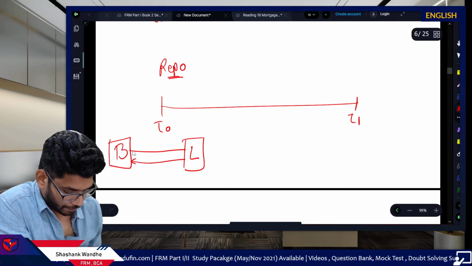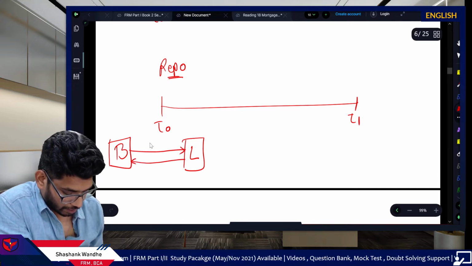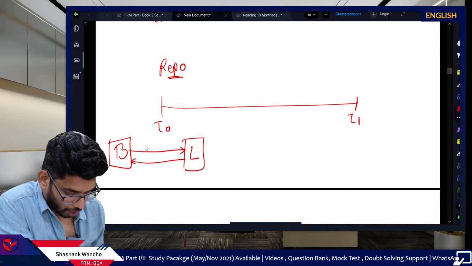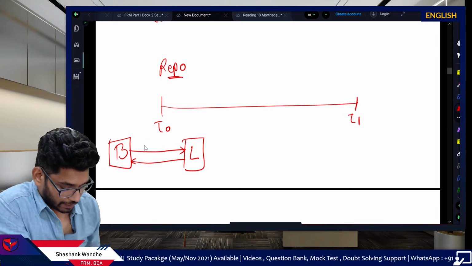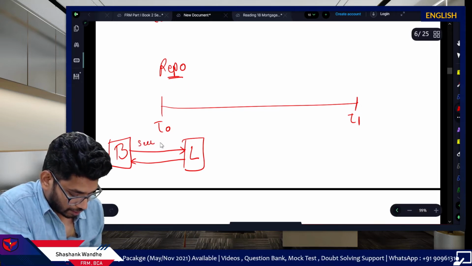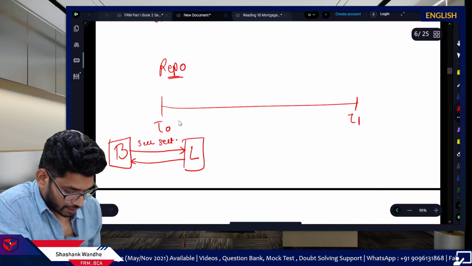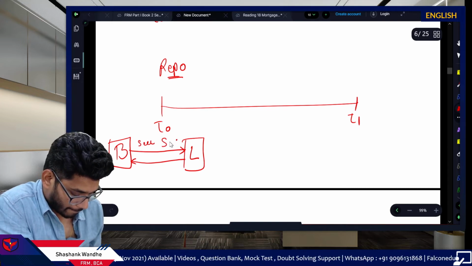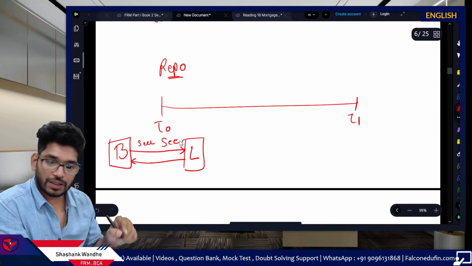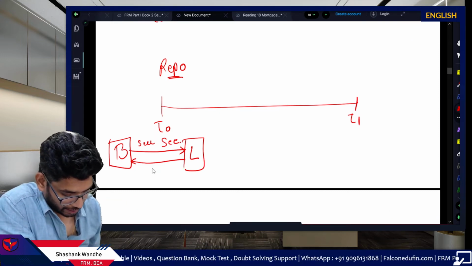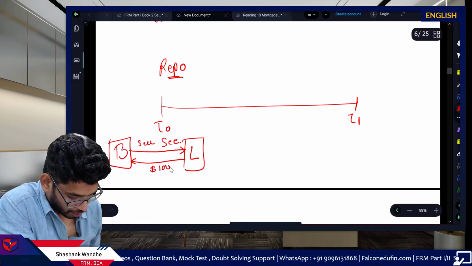At T0, this borrower will sell securities, okay, will sell securities to this particular lender, and this lender will pay for this, say $100.